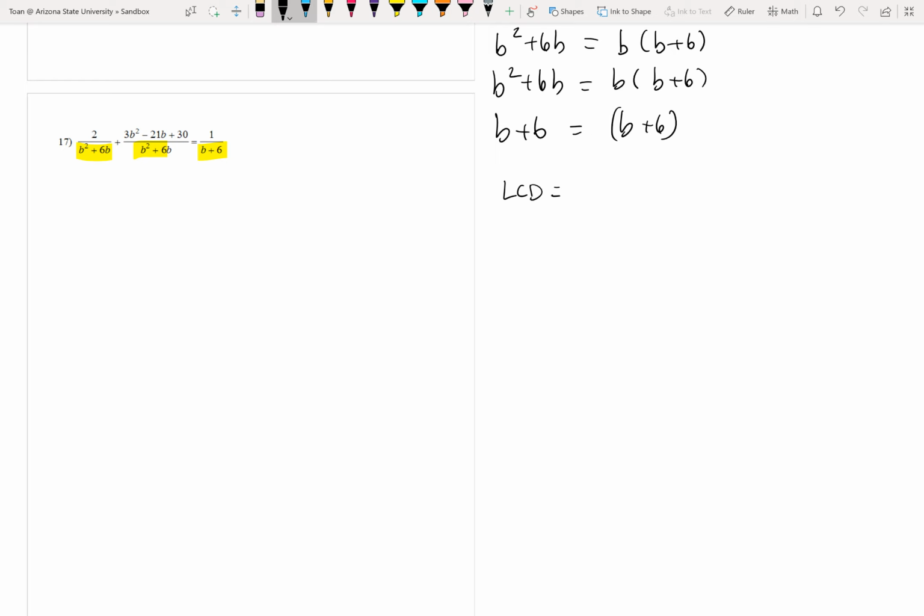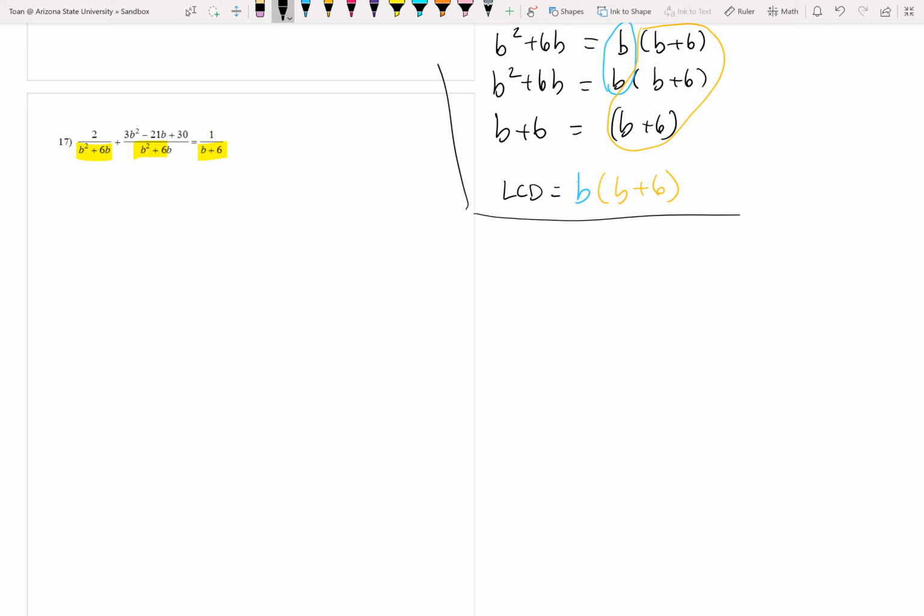LCD, hopefully it's very obvious. You have a single b in common, and you have the binomial b plus 6, and everything is circled, so that's our LCD. I'm going to rewrite the problem, giving myself some space, and with the denominators factored, so it's a little bit easier to see the cancelization.